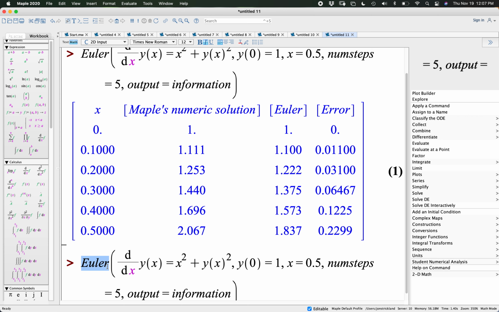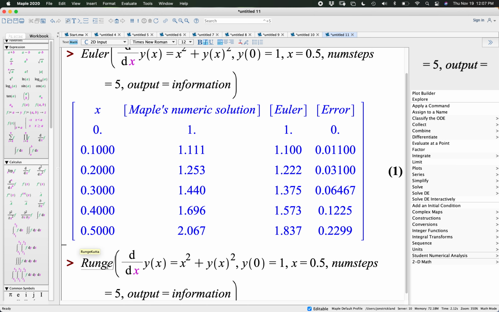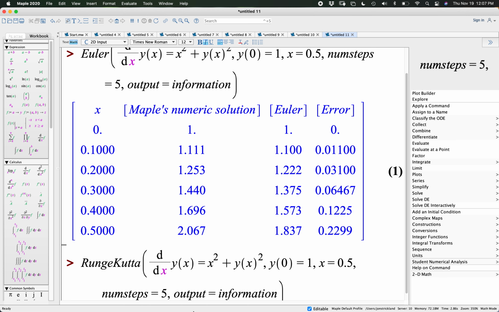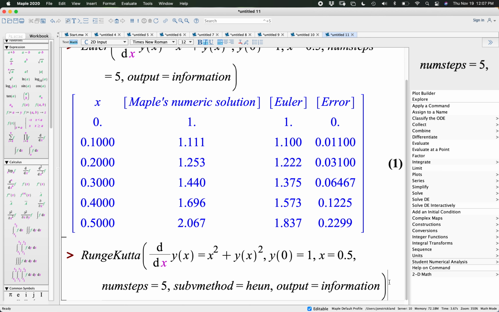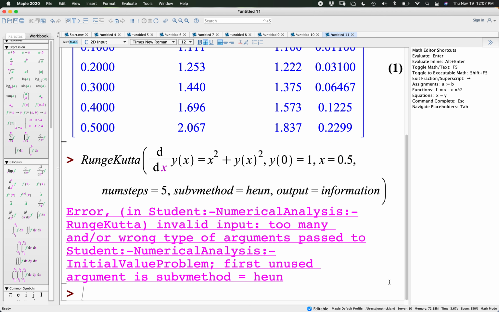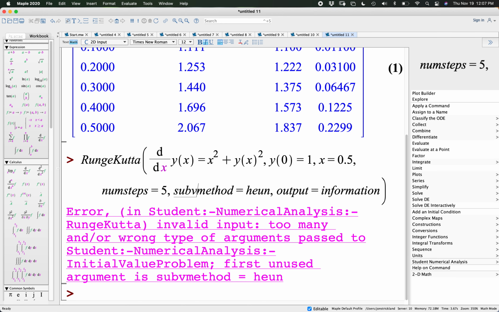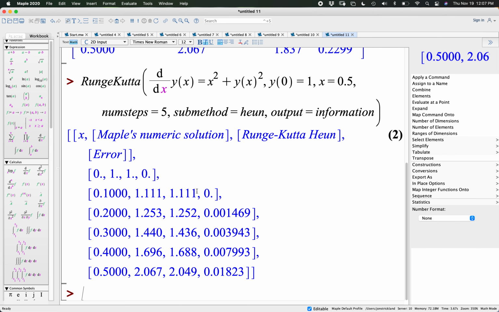Now again, we have the improved Euler. So with the improved Euler you have the submethod. Not sub-method, there's no v in submethod.